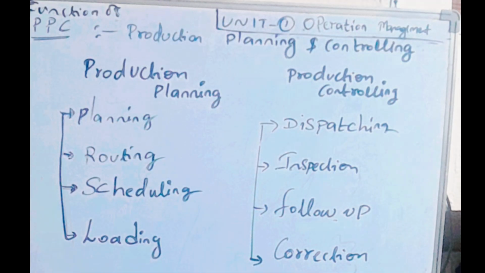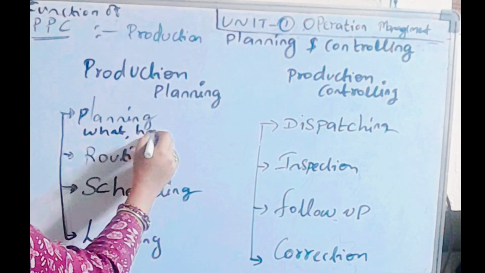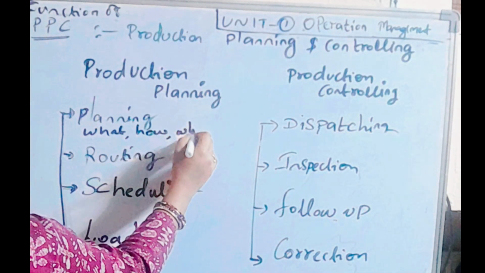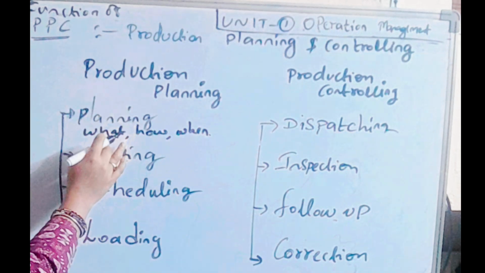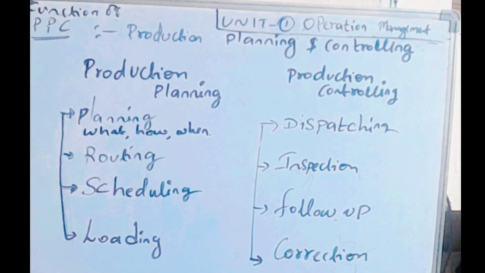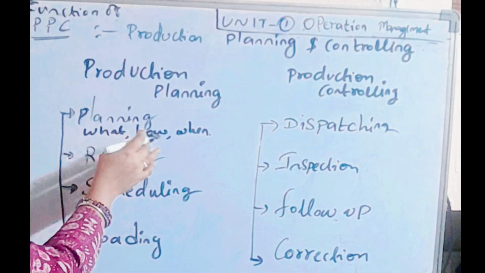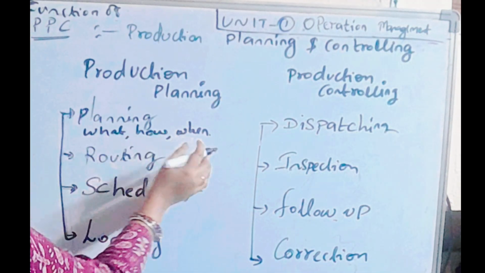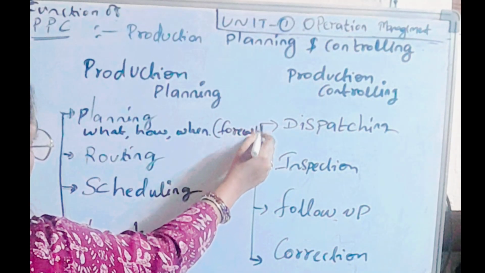What, how, and when, we are planning. So in production planning we decide what to produce, how to produce, and when to produce. And the second point is that it is based on demand forecast and sales orders. Forecasting is also important over here.